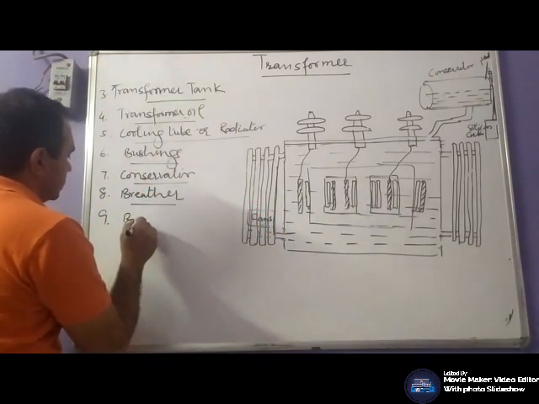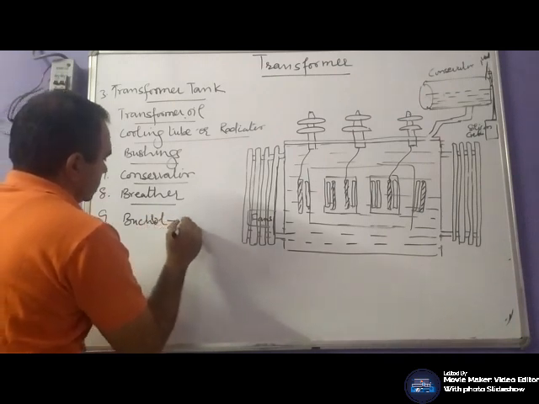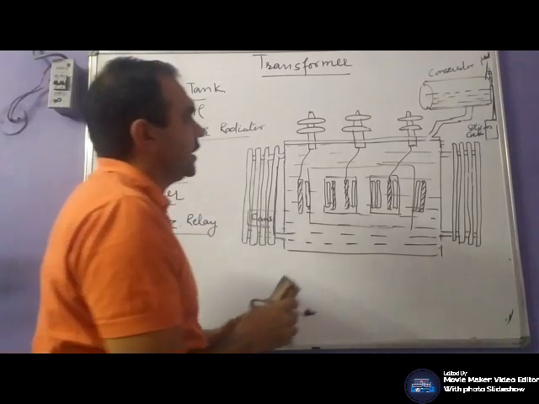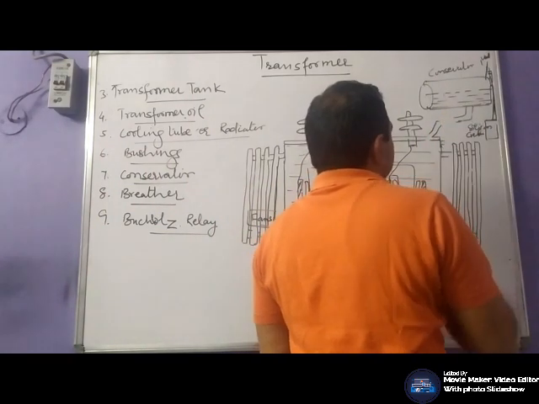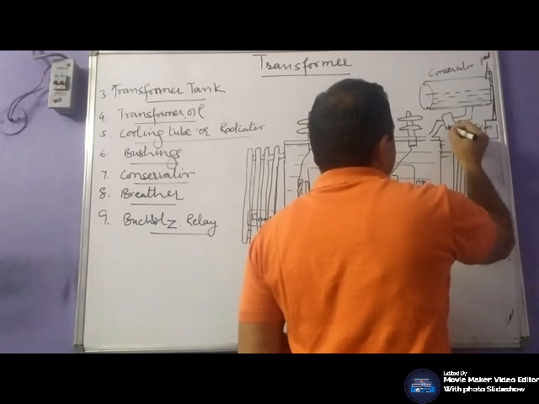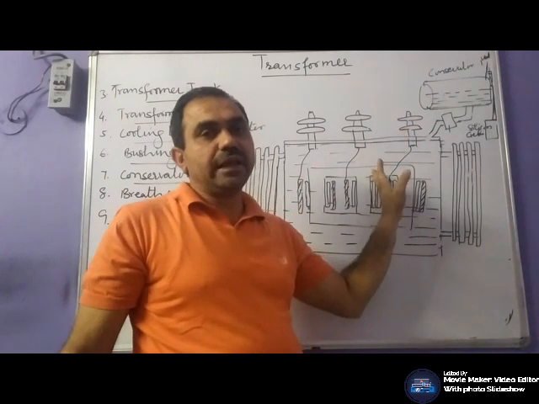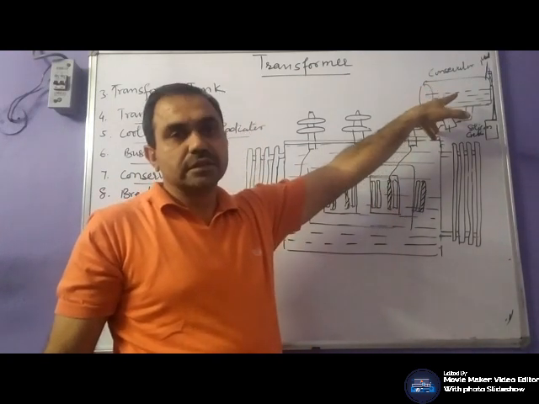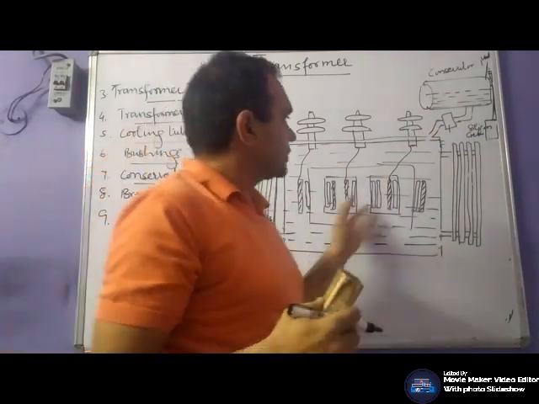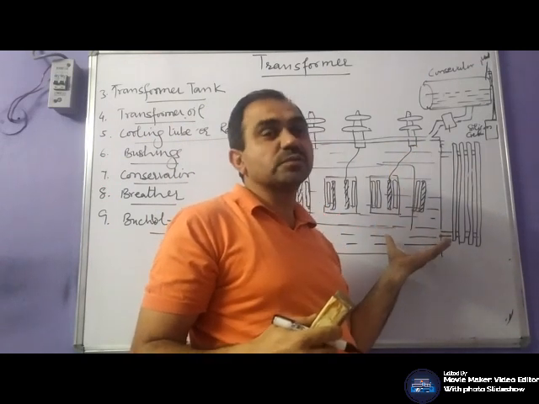Buchholz relay. This is basically a gas actuated relay, placed between the transformer tank and the conservator. Whenever a certain fault develops in the transformer, it heats up fast.